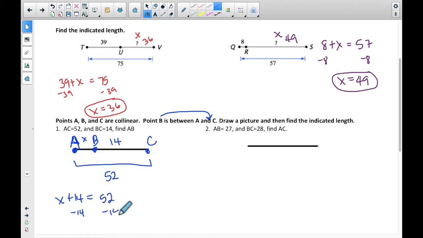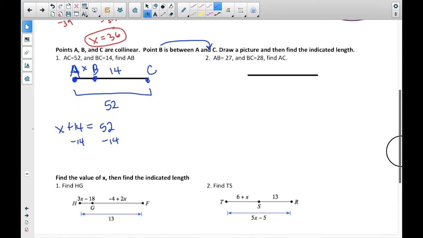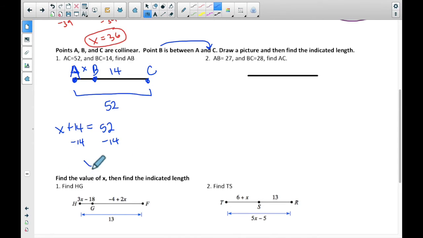And now I just need to subtract 14 to solve my equation. So that's going to give me x is equal to, and I'm going to put this in my calculator, and I get, I believe, 38. And so once again, if I put 38 here, I could check it. Is 38 plus 14 52? I believe so.